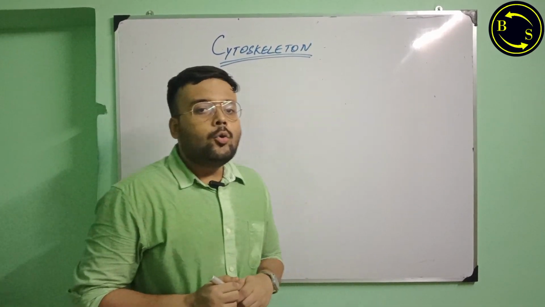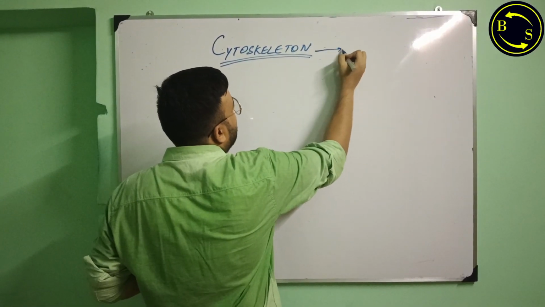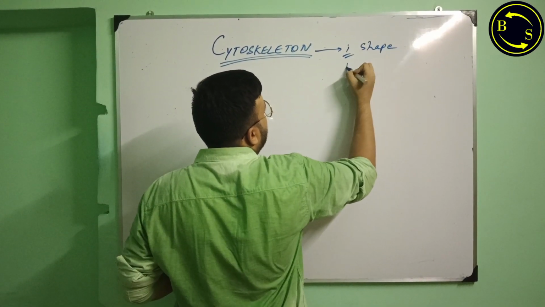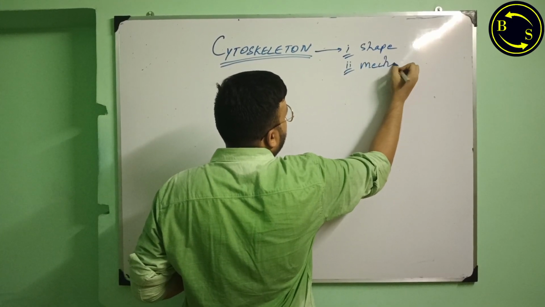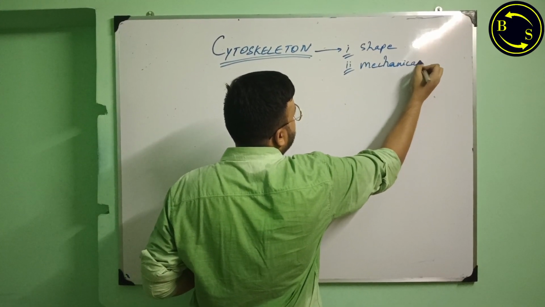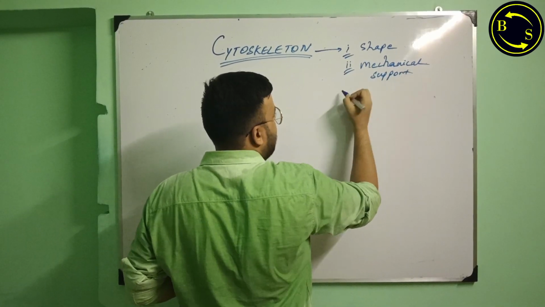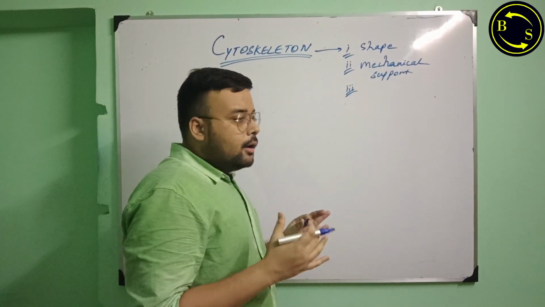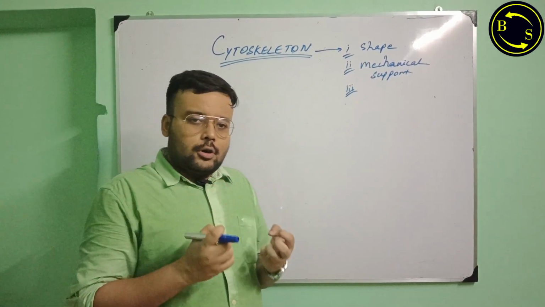Number one, to maintain the shape of the cell. Number two, to provide mechanical support. And number three, in order for a cell to divide, it needs a framework.